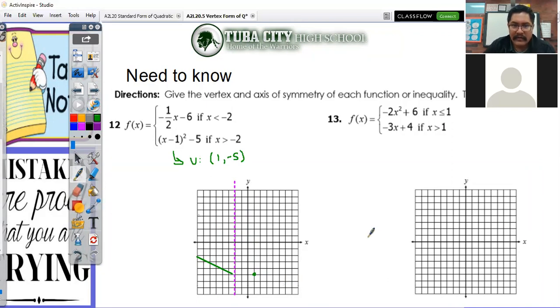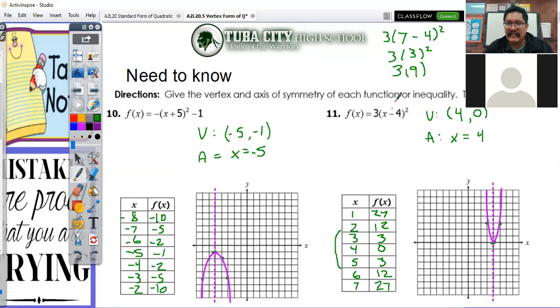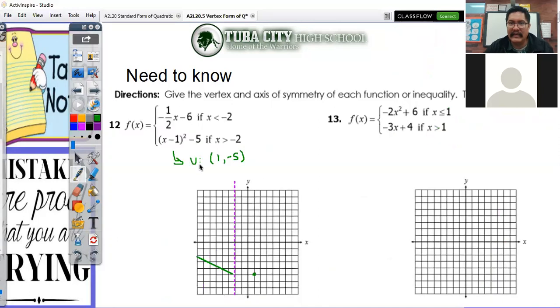Now, we're going to follow our rule of odds. So check our a value. If it's positive, it's going to open upwards. So we know this is positive. It is opening upwards. We don't have any number in front of here. Okay, so like in this last example, we had 3. So if it's anything other than 1 or -1, then you can't follow the rule of odds.